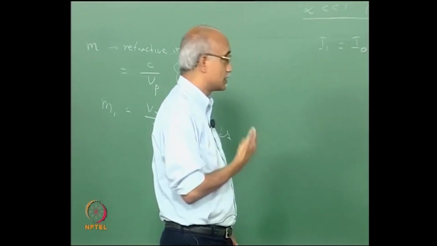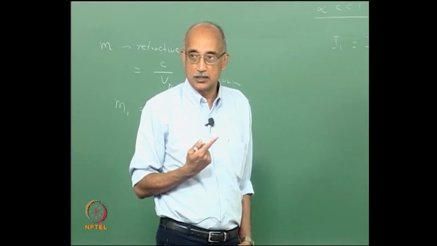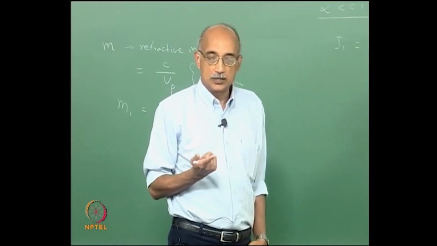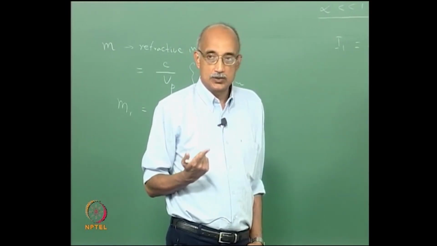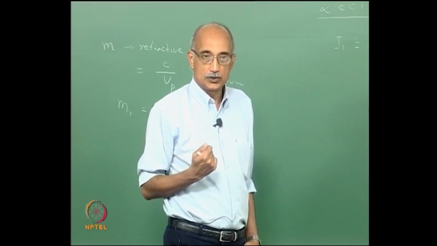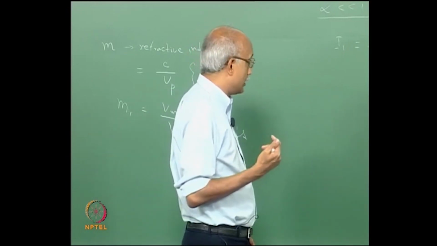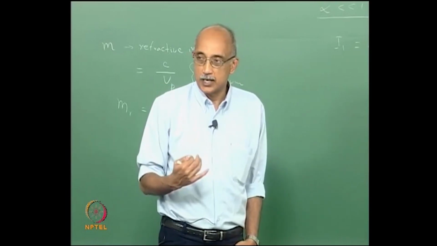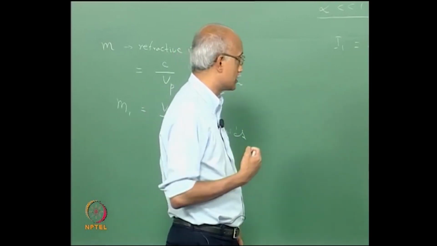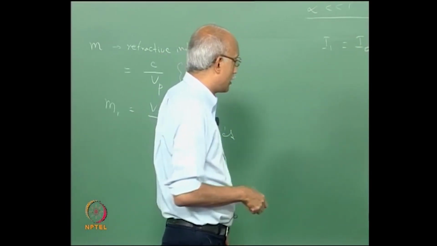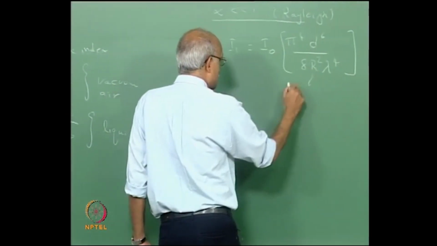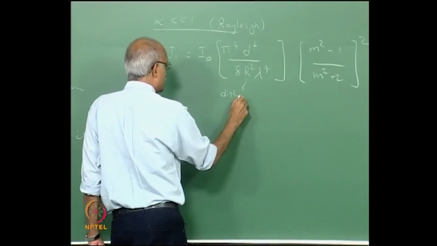The second thing is you see the d to the power 6 dependence. As I mentioned in the last lecture, scattering intensity goes as dp to the power 6. So, there is a very steep drop in scattered light intensity as the particle size decreases. R, by the way, is the distance of separation between the observer and the object.